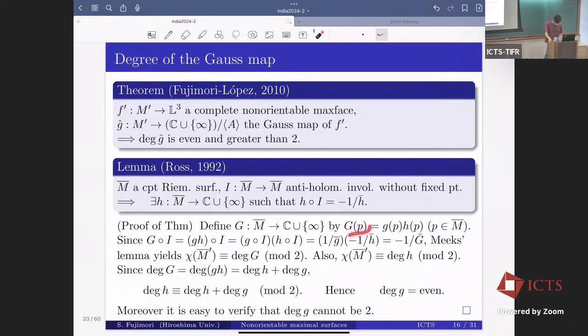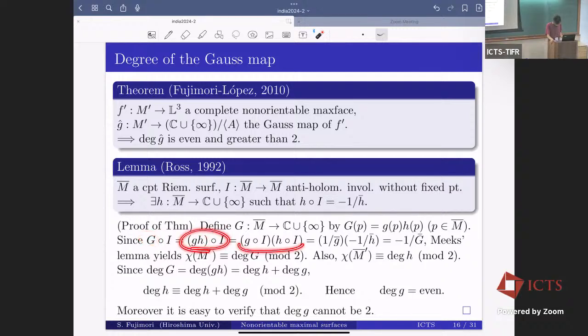And we set capital G as follows, the multiplication. So then we can say the degree of this capital G is the degree of small g plus the degree of small h. And now consider the composition of capital G and I. Then this G is GH.